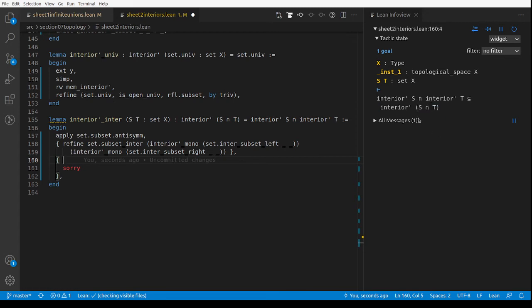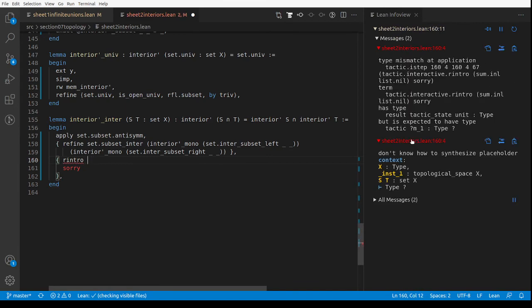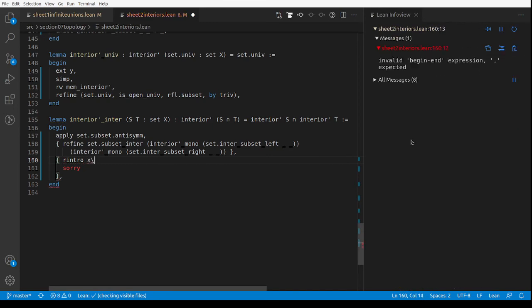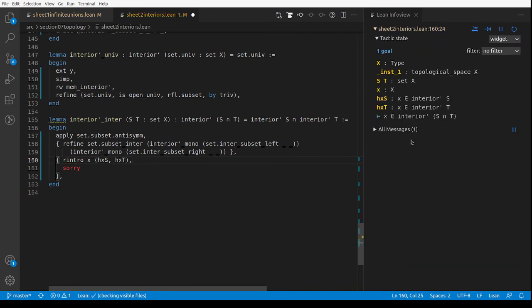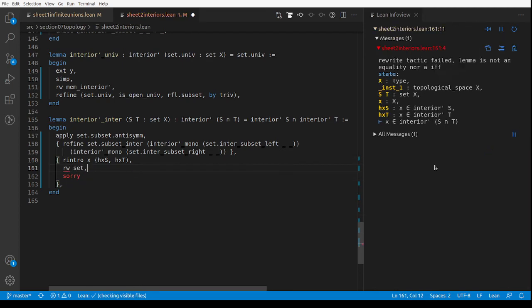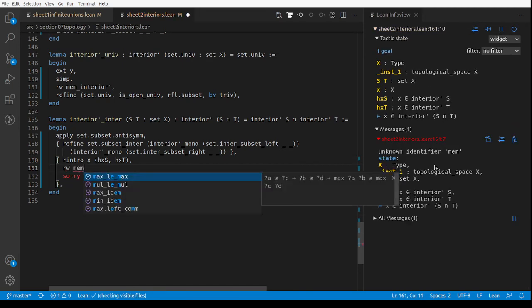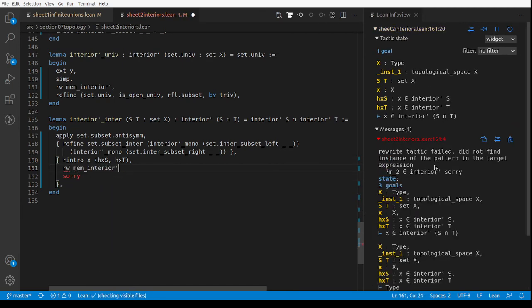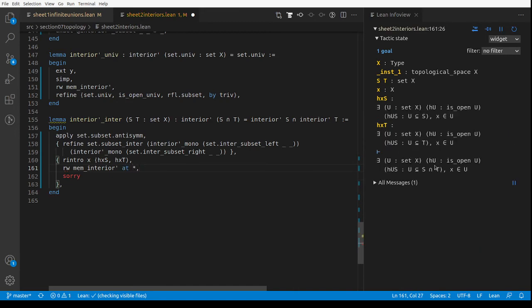And the other half, I don't know how to do it other than by, I think we need to do rintro, rintro x, and then hxs, hxt, because being in an intersection is two things, and then rewrite set, what's this called? Mem interior primed at everywhere, and now take everything apart.